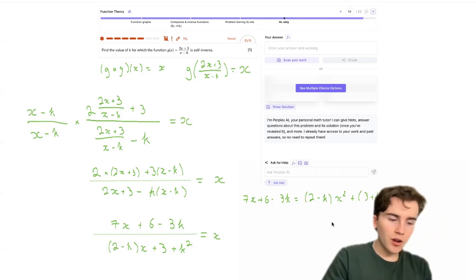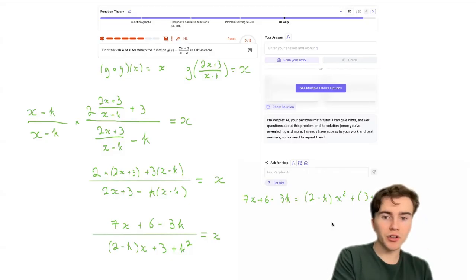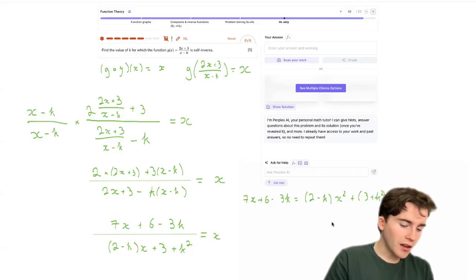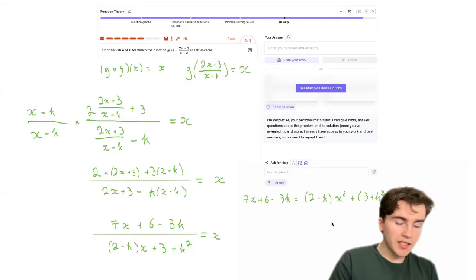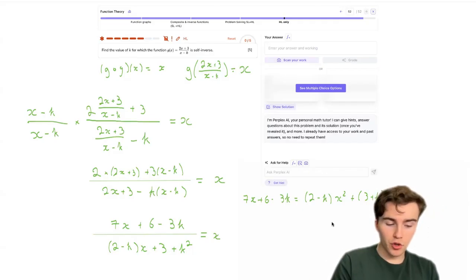And now we're going to have to think about the two sides of the equation. I have one side where I have 7x plus 6 minus 3k, so I have a linear term, power 1 in x, plus a constant term. And then on the right-hand side, I have a term that's quadratic in x, so power 2, 2 minus k x squared, and a term that's linear in x.